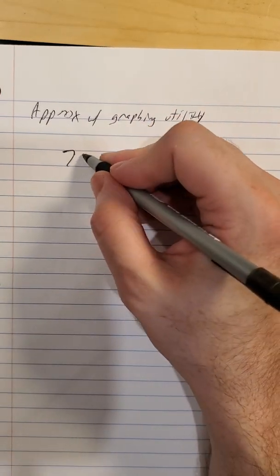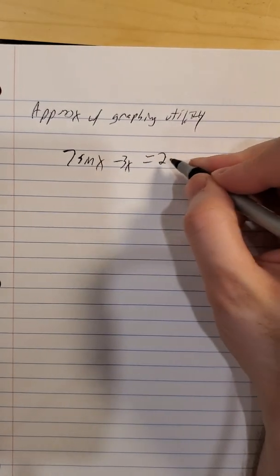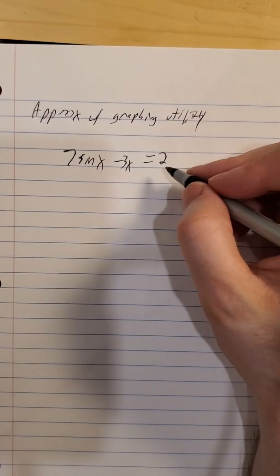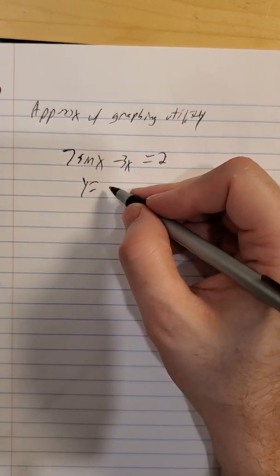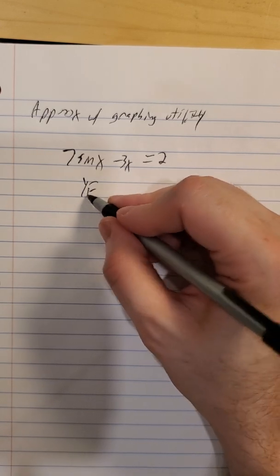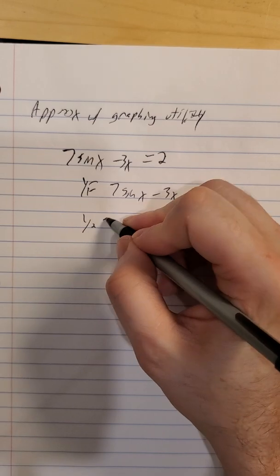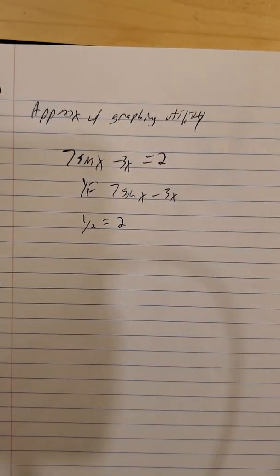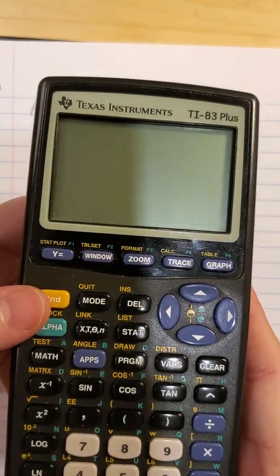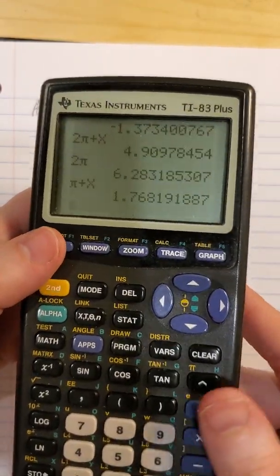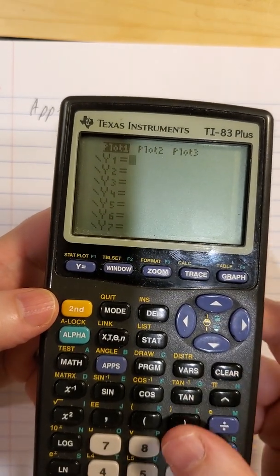We won't spend tons of time with it. 7 sine of x minus 3x is equal to 2. If we do y1 is equal to 7 sine of x minus 3x and y2 equals 2, we just find where they meet. Again, I'll try to find this sort of sweet spot where we have enough light to see it and not a huge amount of glare.